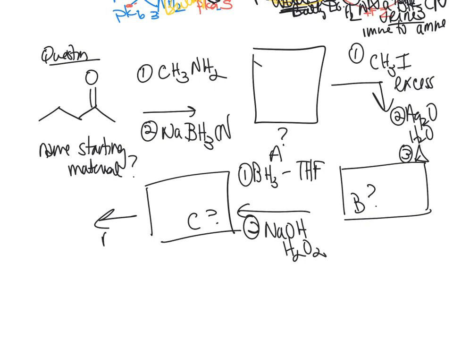Then, what are the reagents for D to make this compound here, 1, 2, 3, 4, 5, the nitrile. All right. So what do you make there?